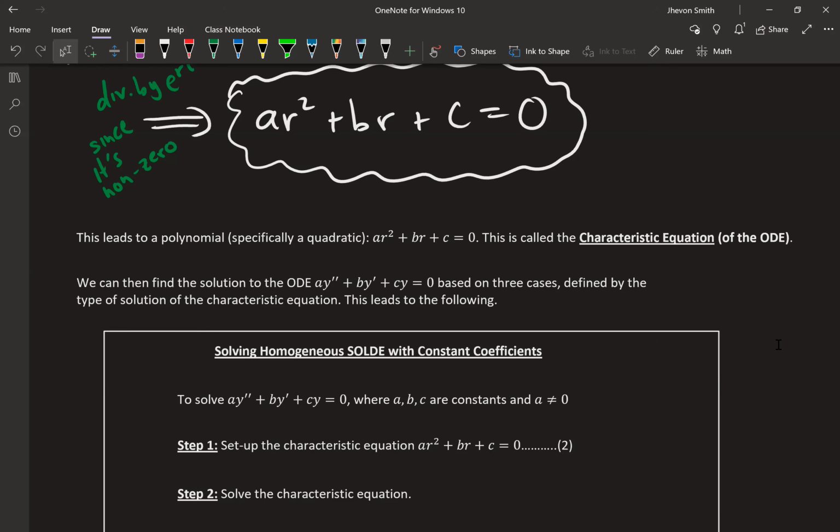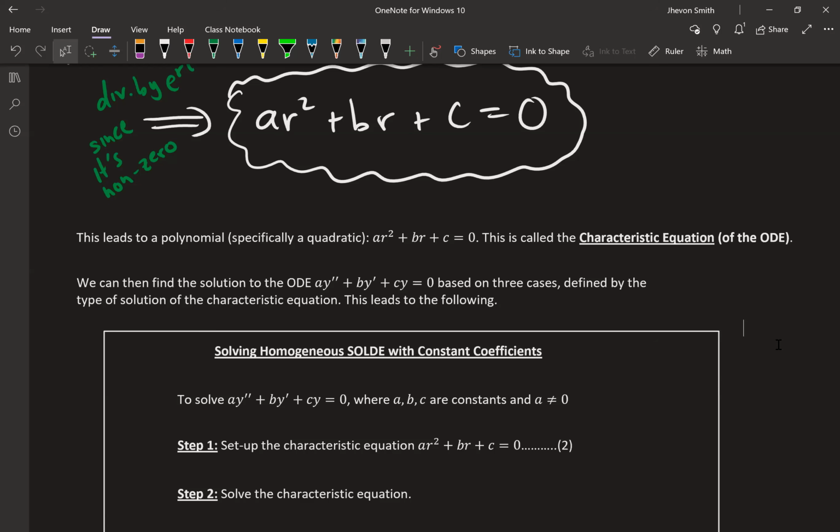One, the quadratic can have 2 different answers for r, right? It can be a quadratic that crosses the x-axis in 2 different places. Or another case, you can have 1 solution, meaning that you can complete the square and it can be written as a perfect square, and there's only 1 point. So this is like a quadratic whose vertex touches the x-axis and then it expands away from the x-axis.